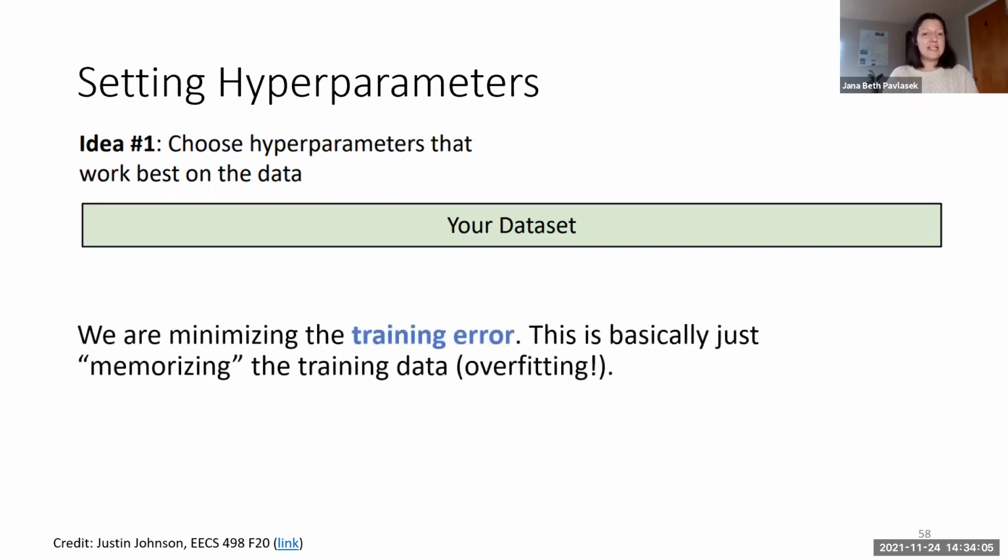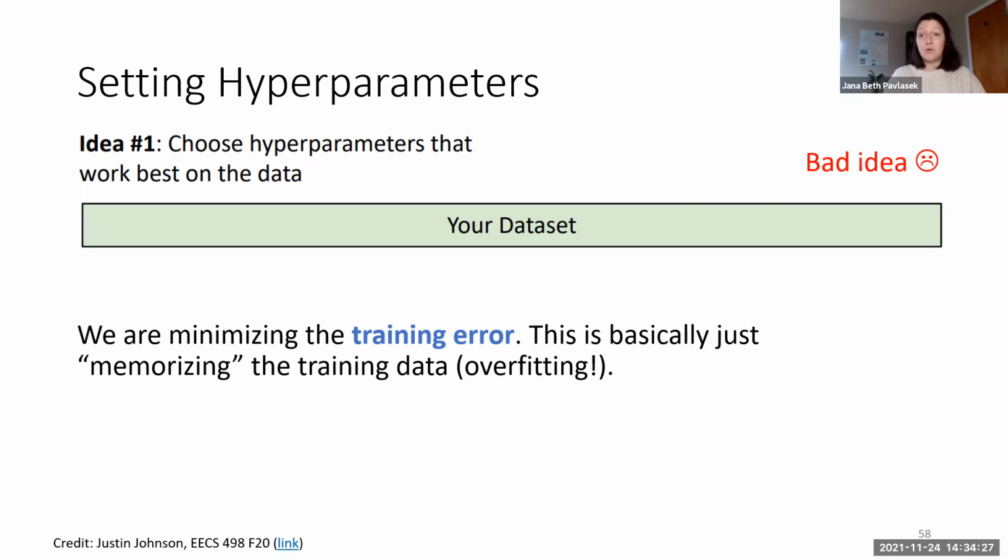In this case, we're minimizing what's called the training error, the error of predicting our training set using our training set. So we're basically just memorizing our training data, and that's probably going to lead to overfitting. So that's actually not really a good idea.